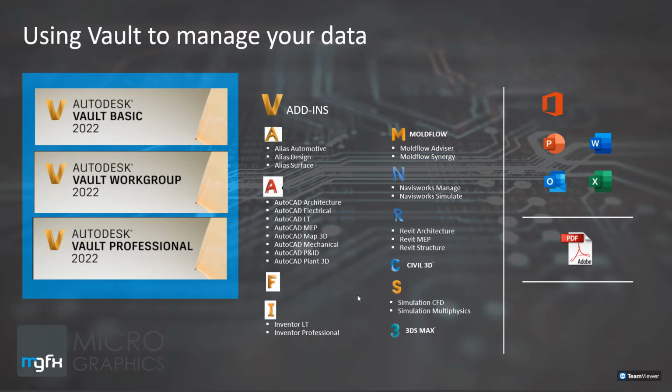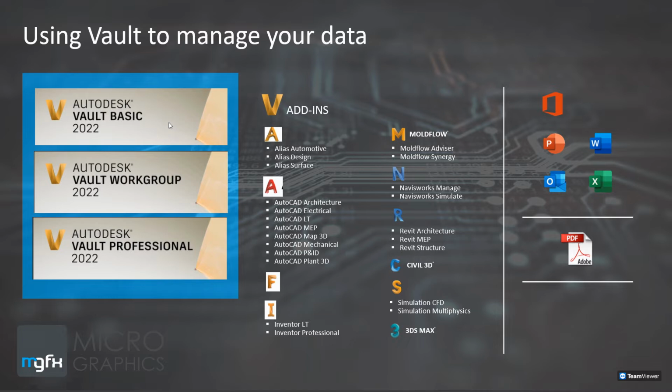Vault Basic is the simplest and most basic form. It is included free with any Autodesk product that you see listed here. So if you have an AutoCAD license or an Inventor license, you'll find on your product or account page that you have access to Vault Basic and you can start using it.